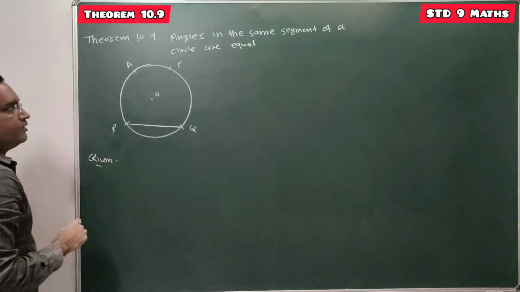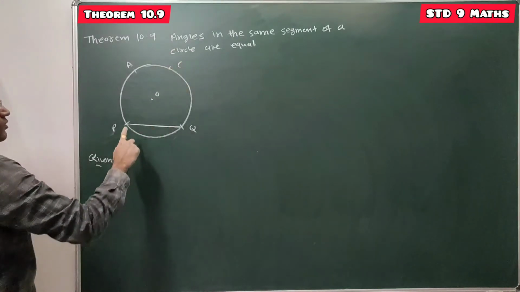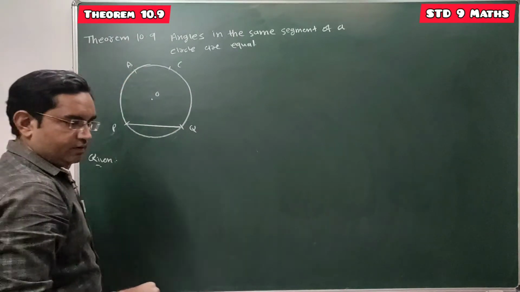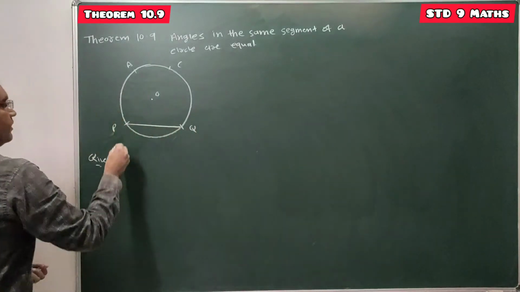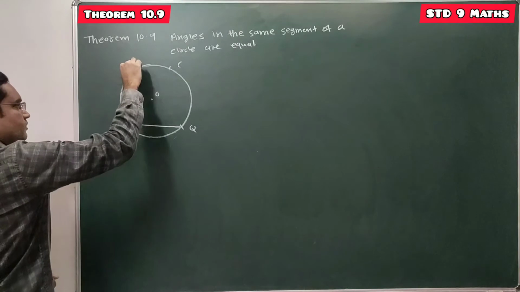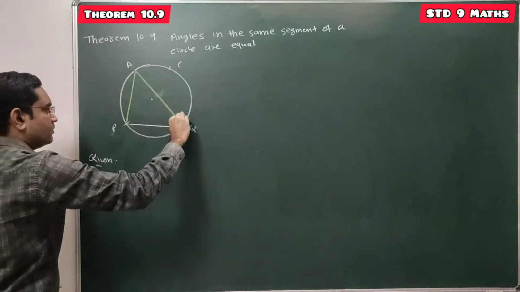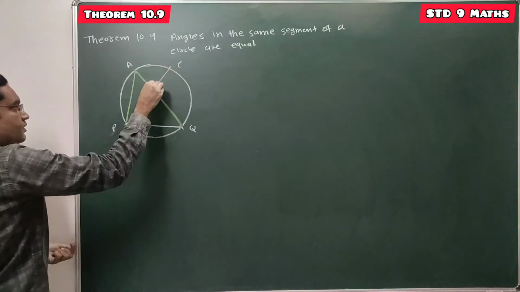here we are given two angles in the same segment. So segment PACQ is there. In this segment two angles are given. The first angle is angle PAQ, and the second angle in the same segment is angle PCQ.